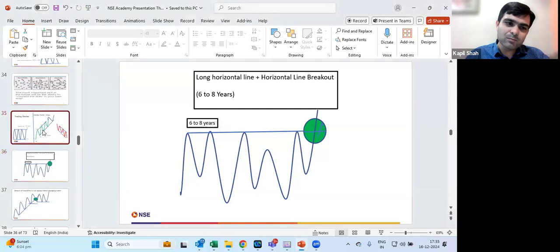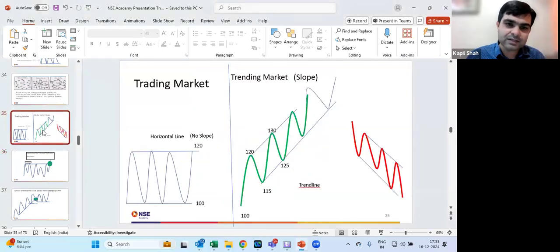Where we use the horizontal line, where we use the trend line. The market broadly has two kinds: a trading market and a trending market, right? A trading market, which you can also call sideways consolidation, is where the market actually does nothing and there is not much momentum. That is where we use the horizontal line a lot.